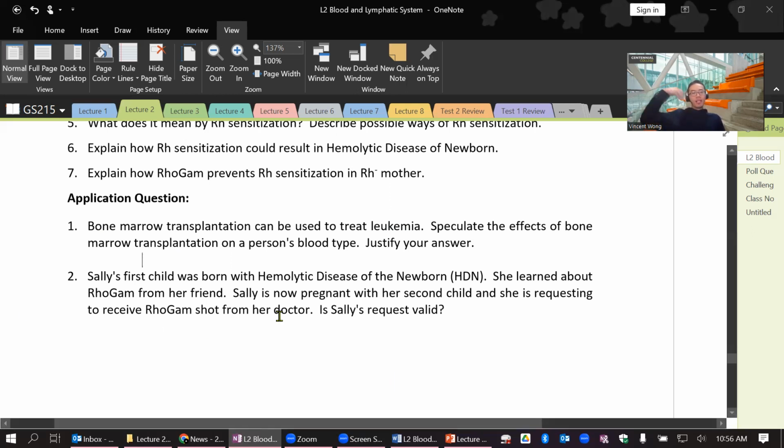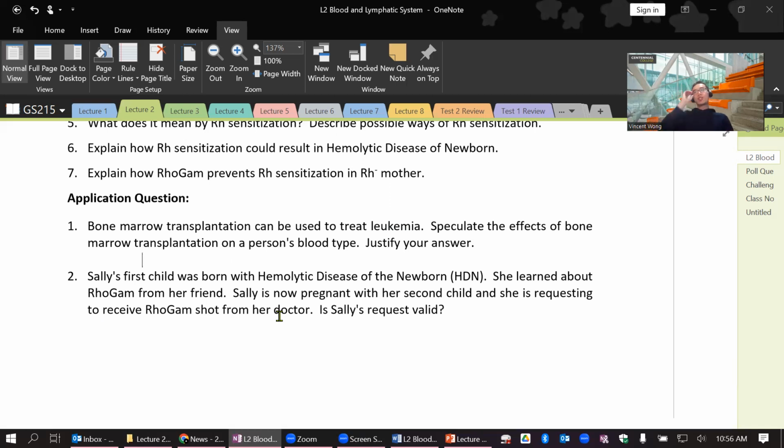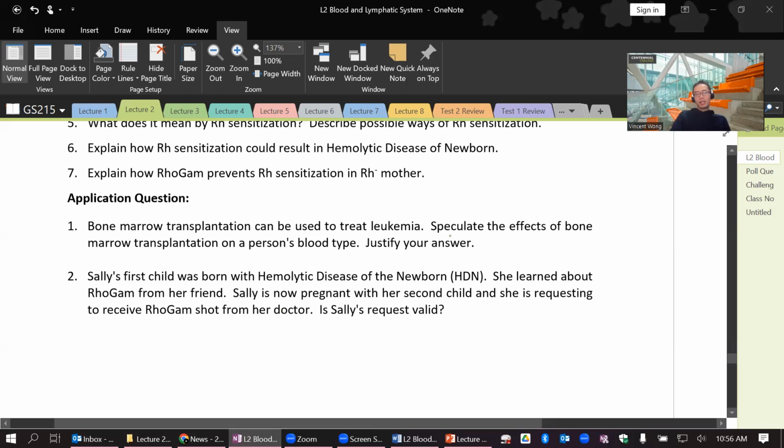If you replace someone's bone marrow, there is a chance that their blood type will change. It depends what kind of transplantation you perform, right? Bone marrow transplantation follows the same rule as blood transfusion. Let's say a person is type B blood.